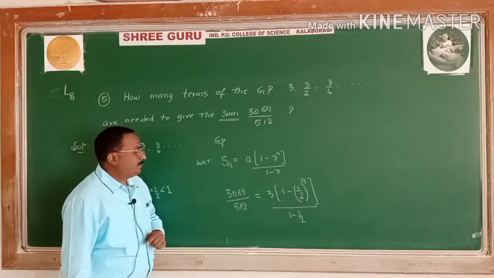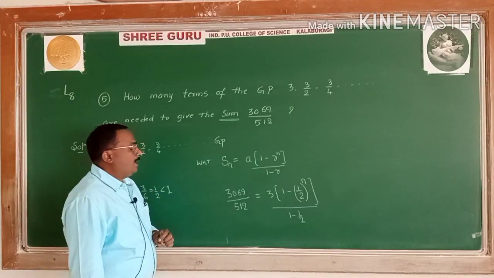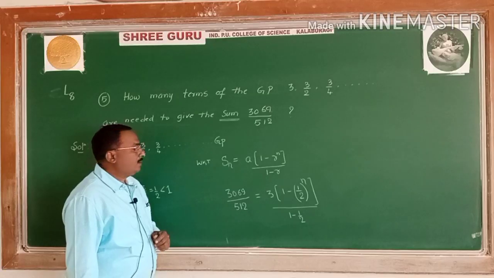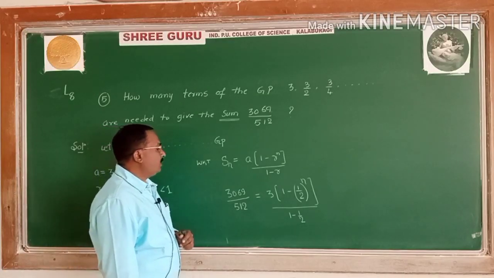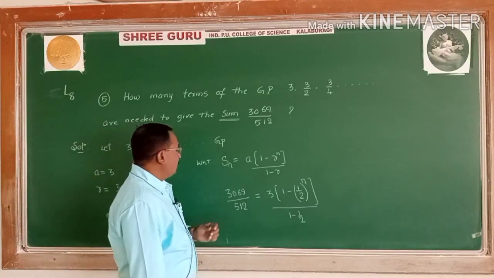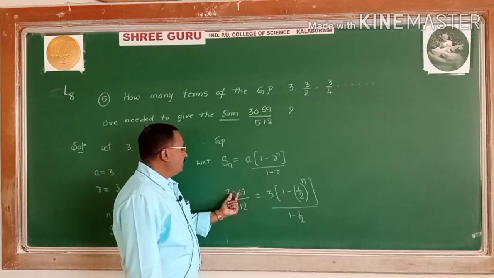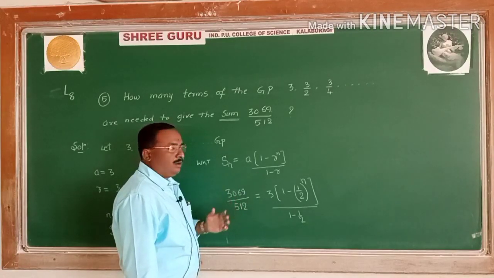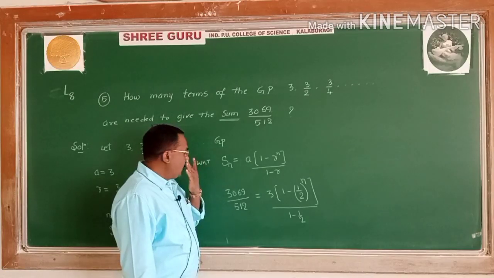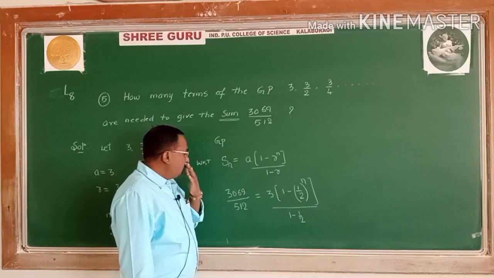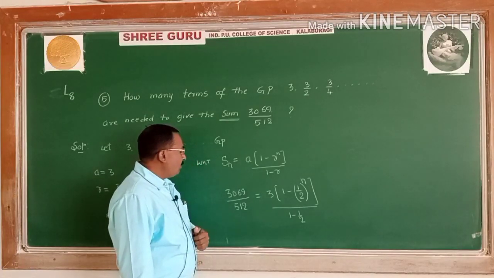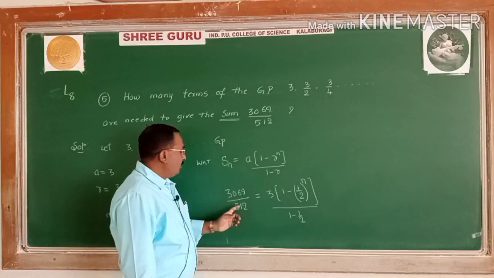Here, find out this one. This can be expressed in the form of 3069 and 512: 3 by 2 whole power, 2 to the power 9.